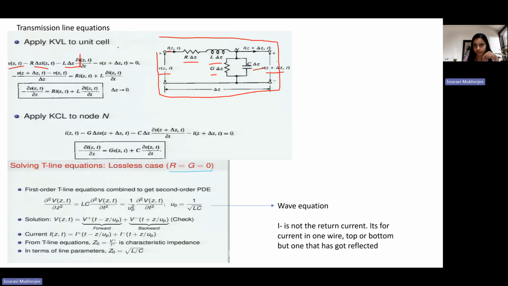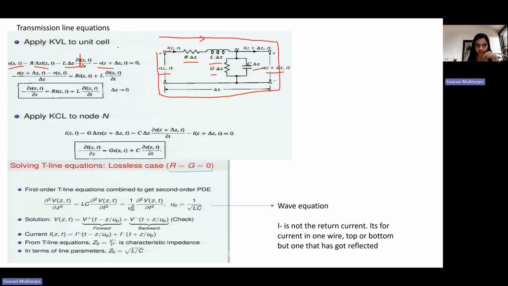So you're talking about the bigger loop, so you can just ignore this. You start with this voltage, you go, and then you go here. That means there's no voltage drop here because there are no elements. Then you have V of Z plus delta Z, right? So this is how you're looking at the loop.